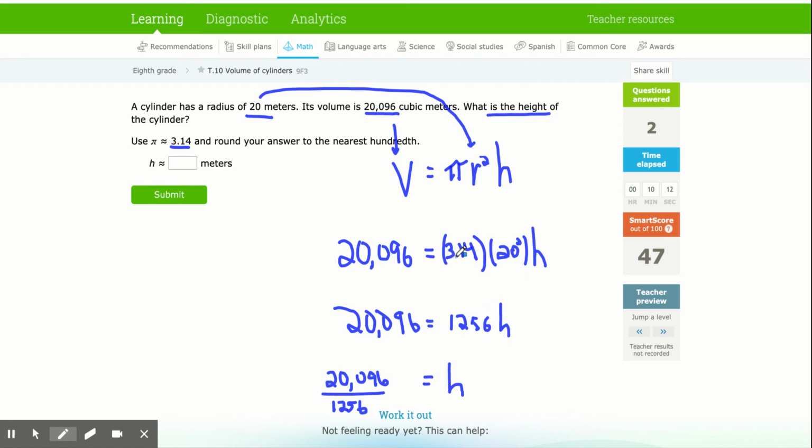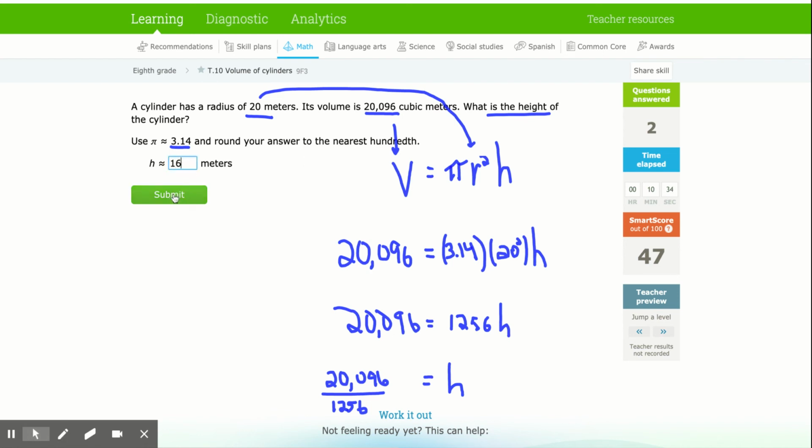Then 3.14 times 20 squared is 1,256 times some unknown height equals this volume. Then I just divide by 1,256. So our height is 20,096 divided by 1,256, and in my calculator it comes out to a nice whole number of 16.